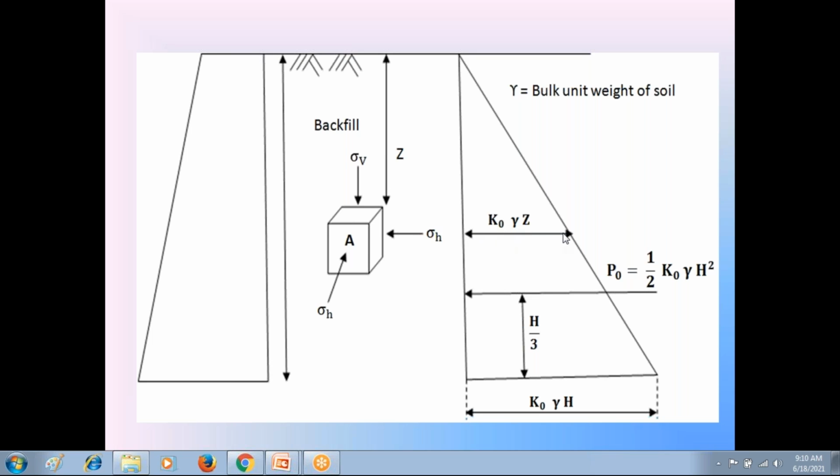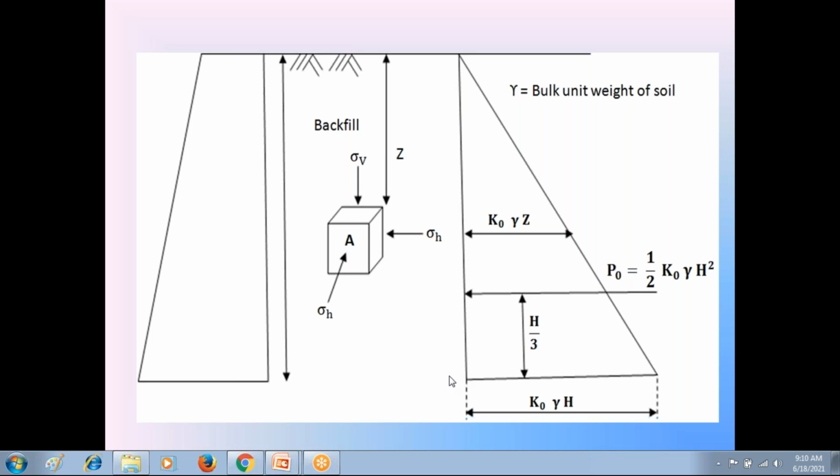In the at rest condition, at a depth Z from the top of the retaining wall, the magnitude of horizontal earth pressure sigma H is equal to K naught into gamma into Z. At the top of the retaining wall, or at the top of the backfill, the depth Z is equal to 0, so sigma H is equal to 0 at the top.